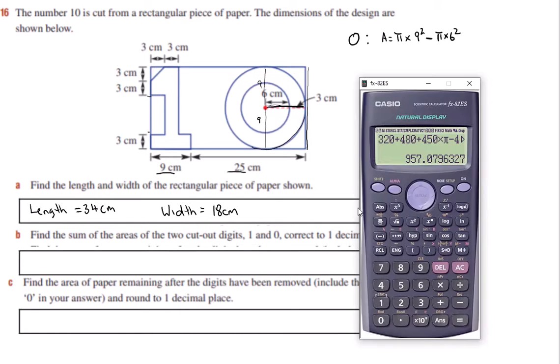Now if we do that on the calculator: pi times 9 squared minus pi times 6 squared equals 45 pi.